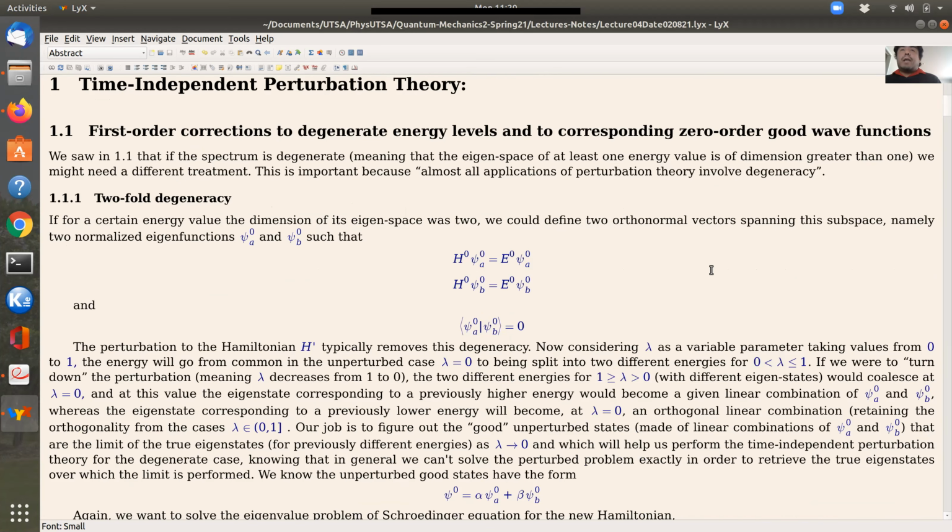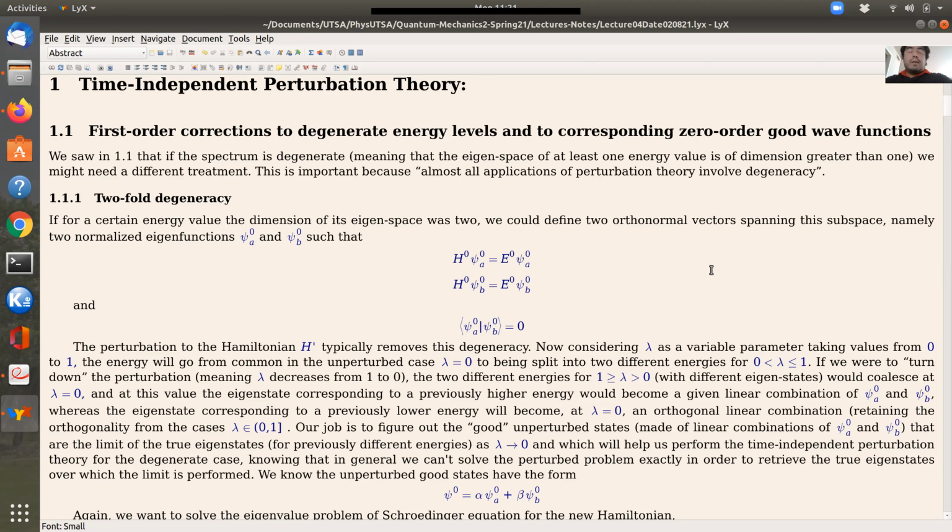So, okay, why do we have to do a different treatment? Essentially, when we developed perturbation theory and we calculated the corrections to the second order energies and the wave functions to first order, we noticed that there was a term in the denominator related to energy differences.